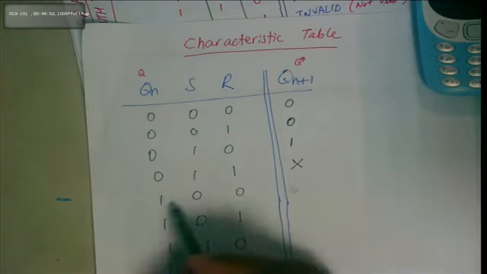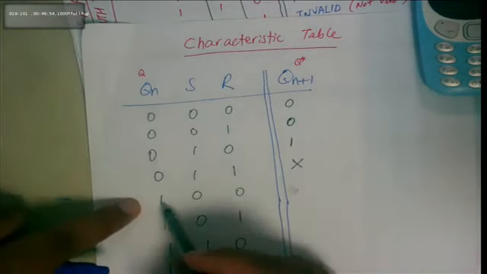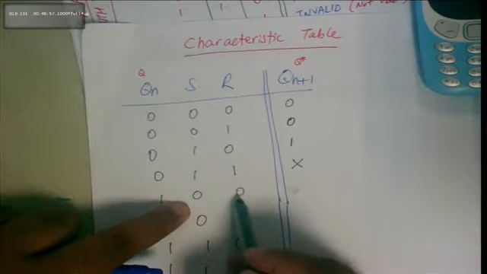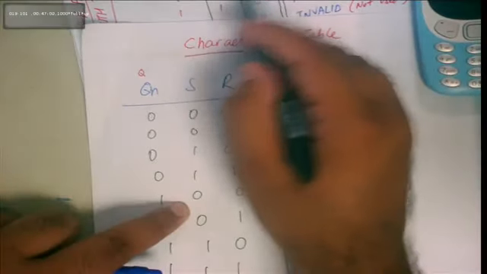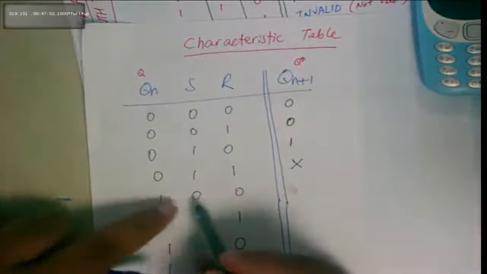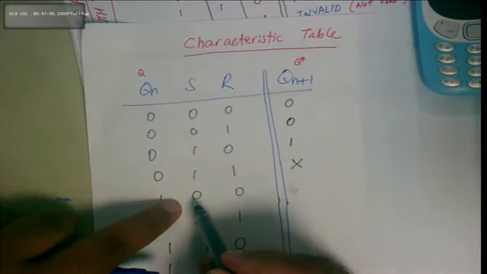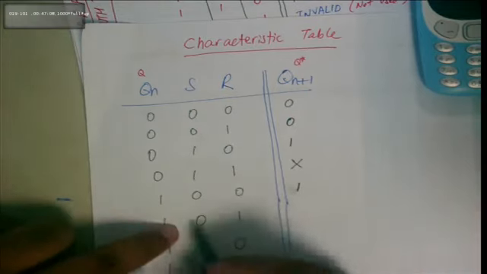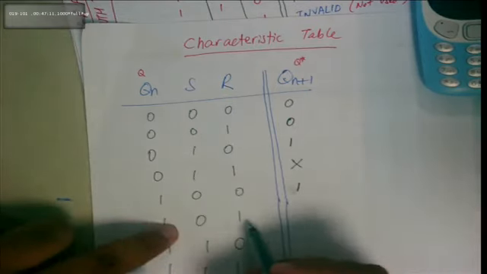Now Qn is 1. If Qn is 1, let's look at S and R. 0, 0 in our earlier line was giving memory. Memory is what? Qn plus 1 is equal to Qn. So that's how we get 1. That's a straightforward, fixed answer.